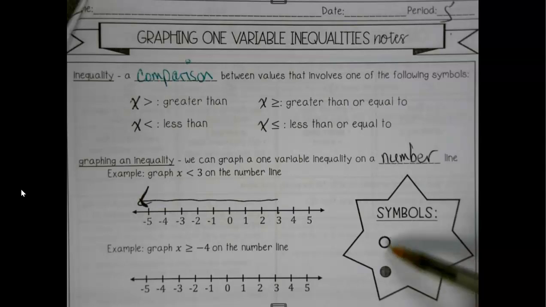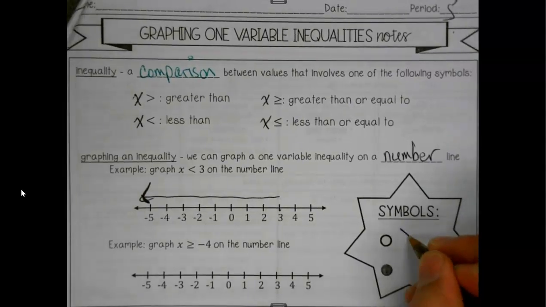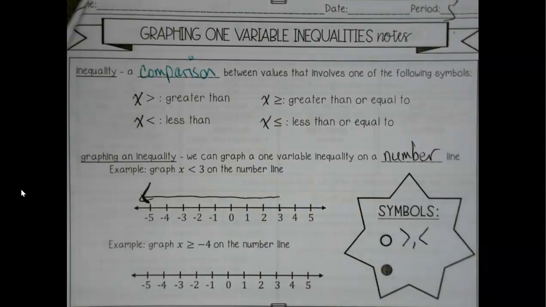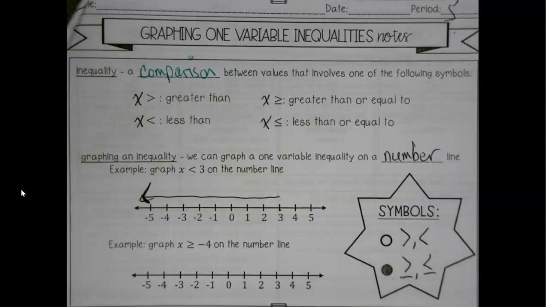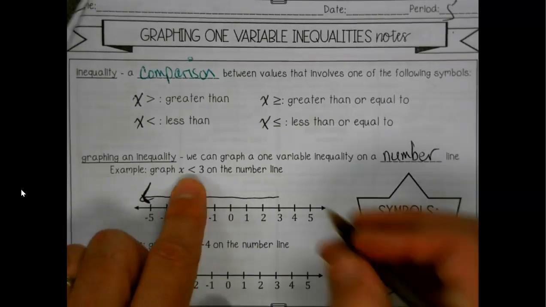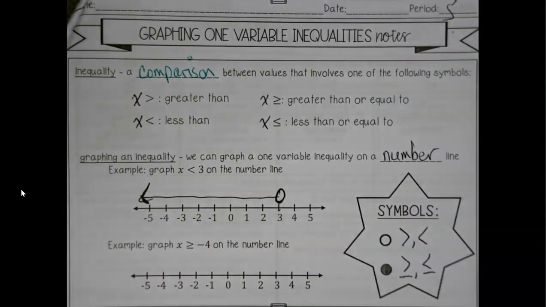So that's where we're going to get into our symbols here with the open and closed circles. If it's just greater than or less than, we're going to use the open circle. If it's or equal to, we're going to use the closed dot. So here, that one extra piece of information that we're giving through the open dot is up to 3.